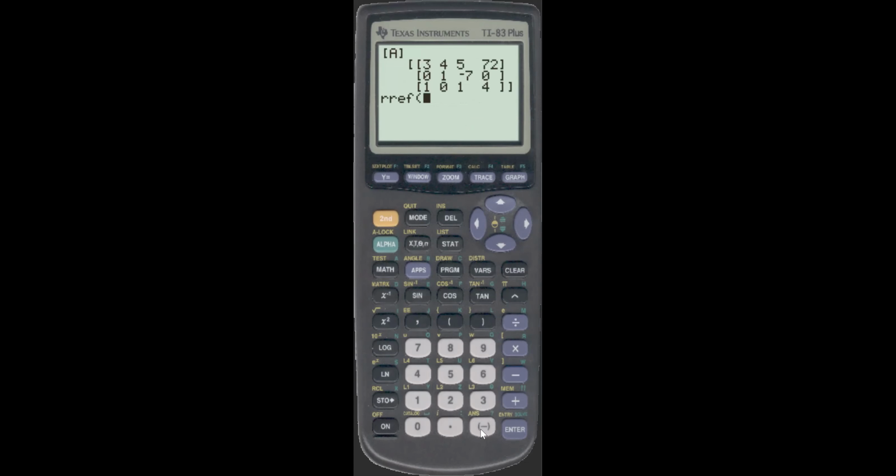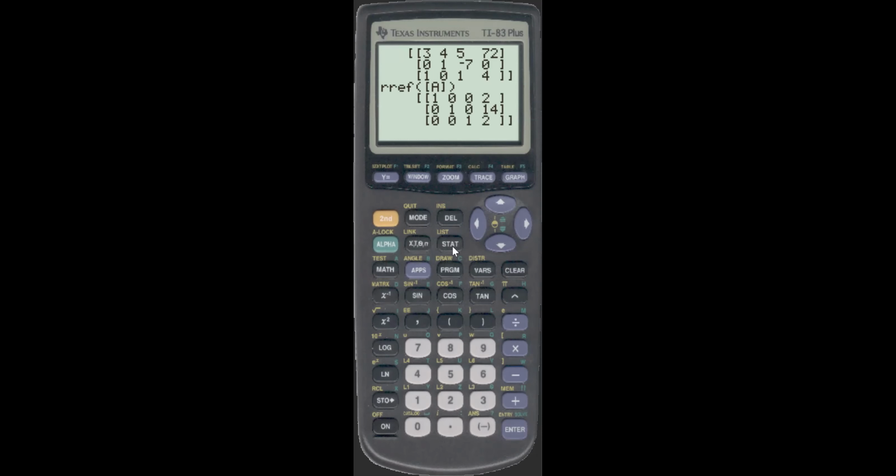Then you need to grab matrix A. It's a little cumbersome, but you go back to second matrix again, hit enter, grab it. This is reduced row echelon form, which is what you want. So you should see something like that on your screen. Let me snip that into our workspace, and then we'll talk about what that means for your answers.